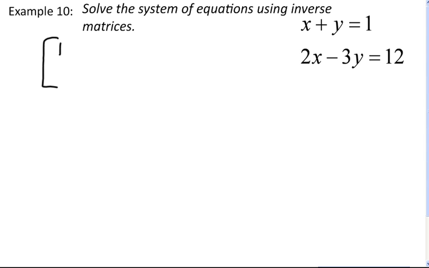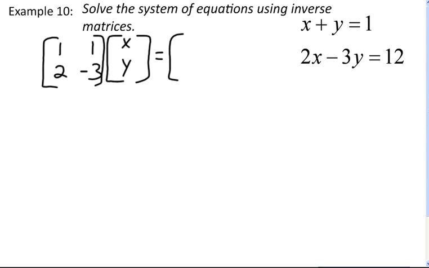So remember, whatever is in front of the variables is what we put in the coefficient matrix. And we have times x, y equals the constant matrix, or B, which is 1, 12.